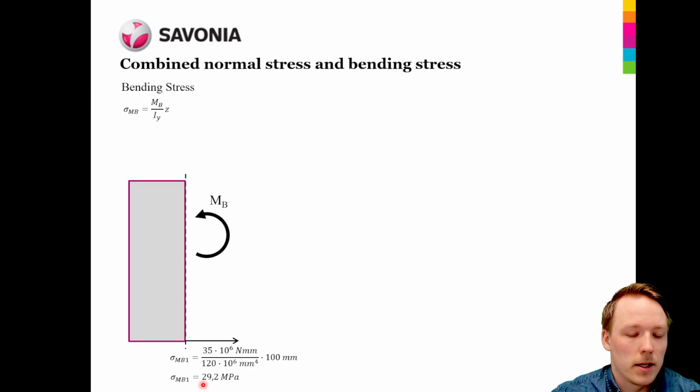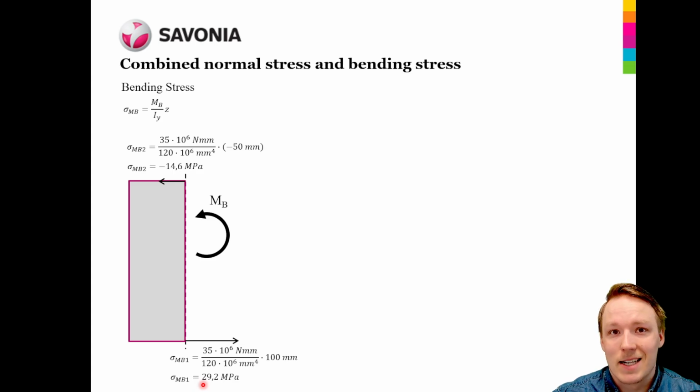Now we have calculated the stress at the bottom, and now we can calculate the stress at the top. At the top the stress is calculated with the same formula, but the main difference is that in this scenario the distance from the neutral axis is in the negative Z direction, and the distance is 50 millimeters, which means that the stress at the top of the profile is minus 14.6 megapascals.